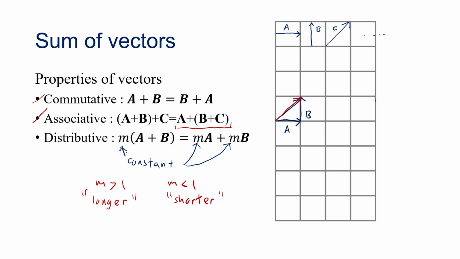Now this is just a constant. We can assign any value to it, depending on the physical situation. In this case, I will let m equal 2. That means we will scale out this a plus b by 2 units. That means we get something like this.